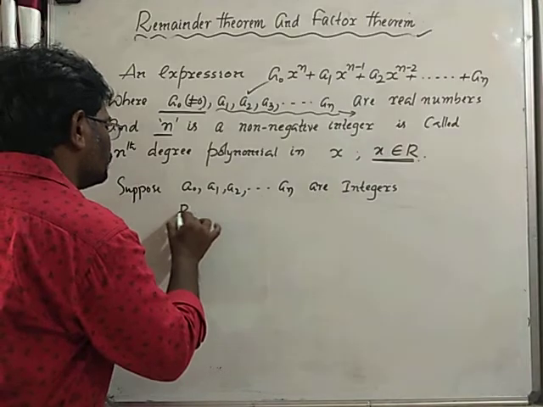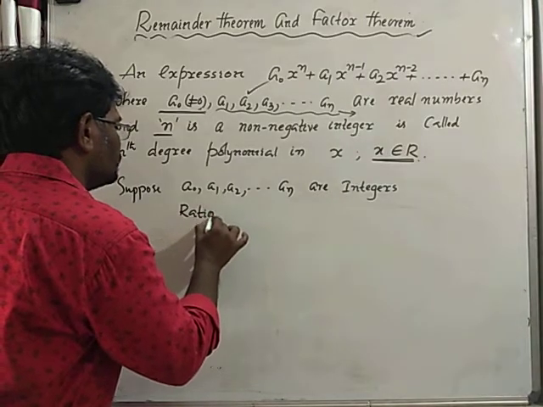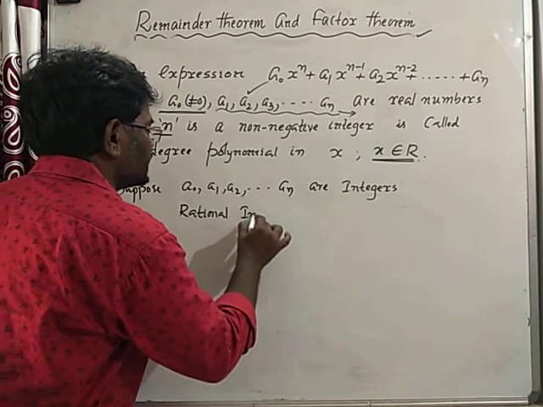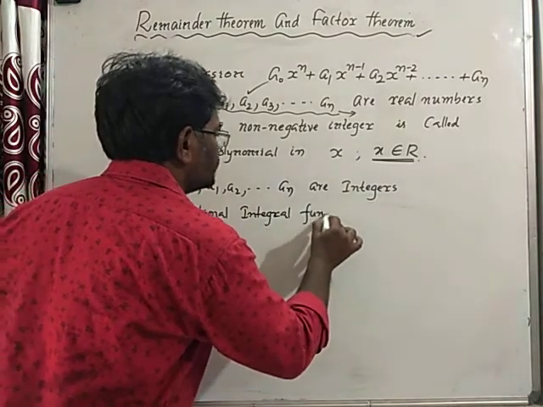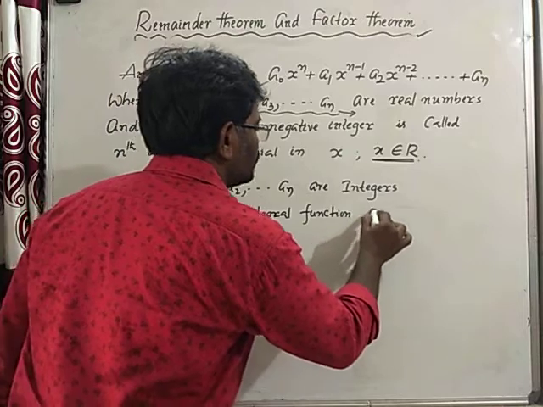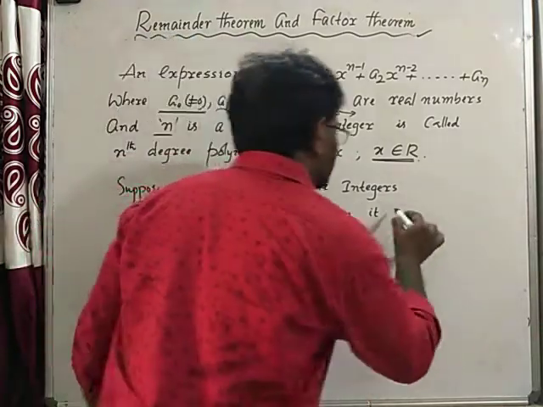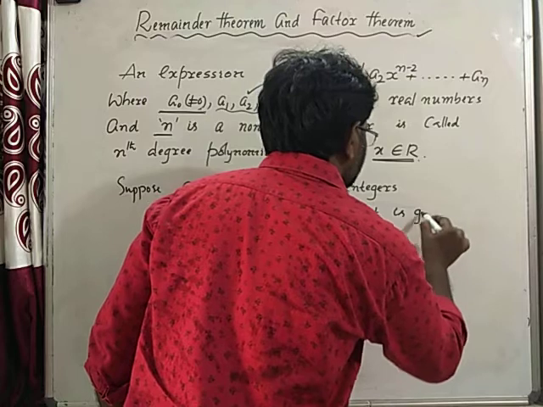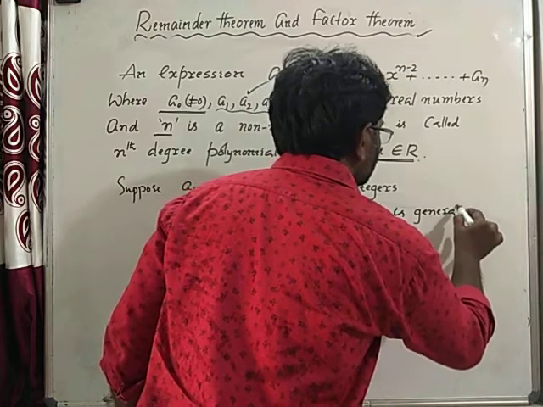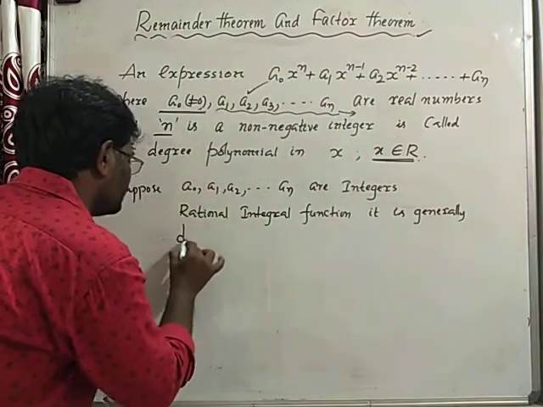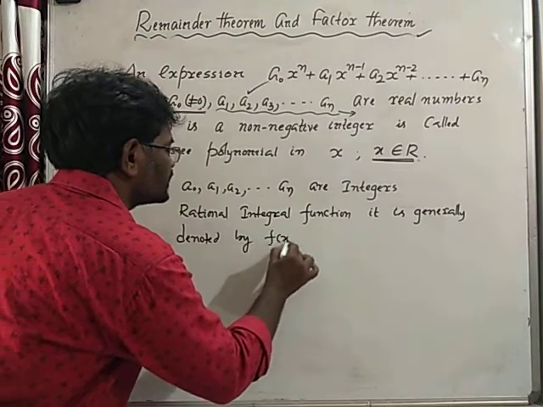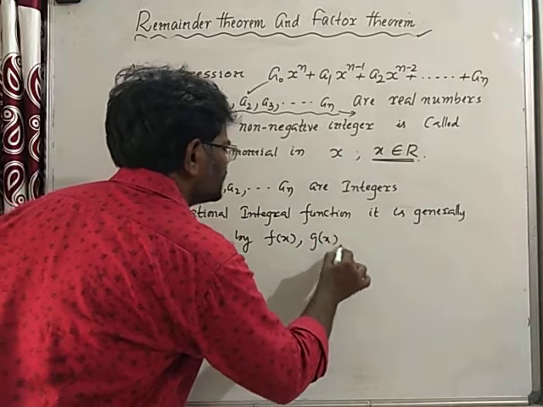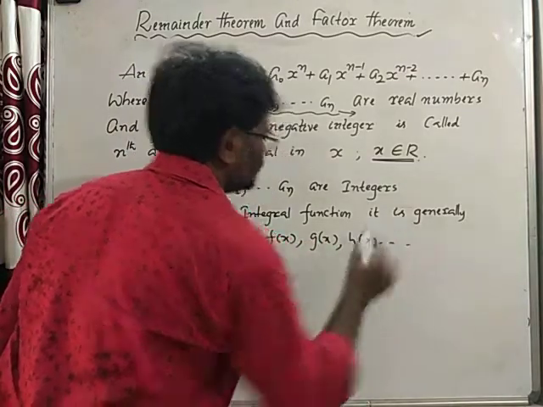It's called what? Rational integral function. It is generally denoted by f of x or sometimes g of x, h of x and so on, whatever it is.